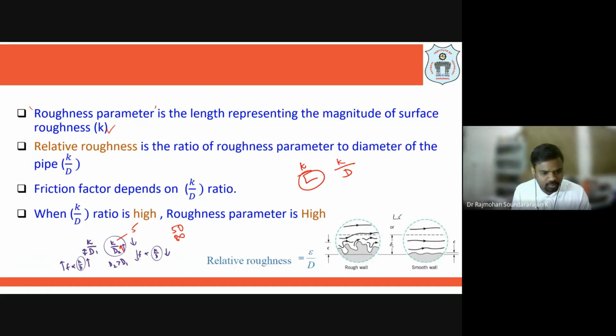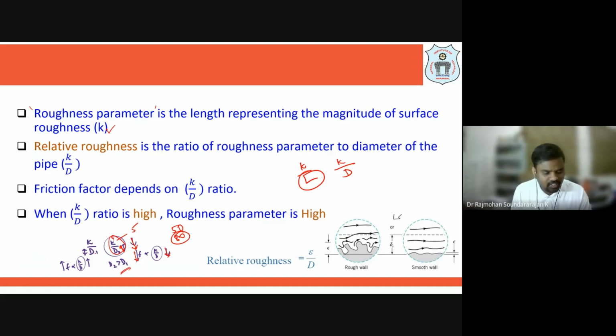So when D2 is high, for the same K, what will happen to the ratio? This ratio value is decreasing. If this ratio is decreasing, we know that F is directly proportional to K by D. When K by D is decreasing, your F value will decrease. So we can visualize that, because here D2 is greater than D1.